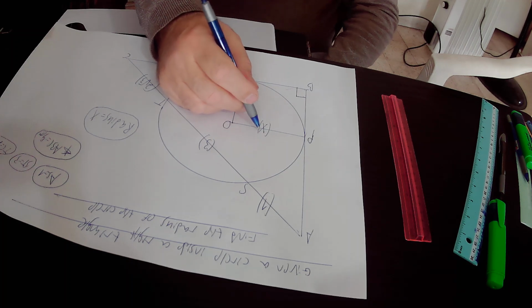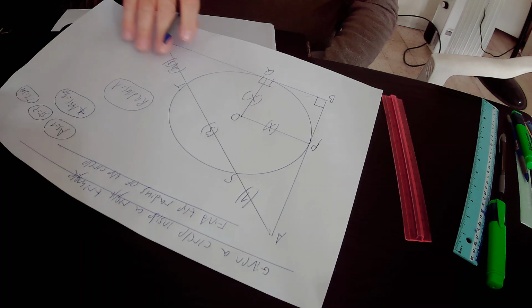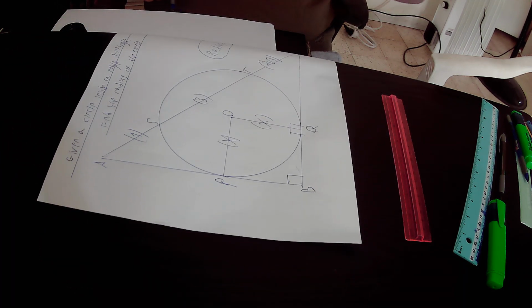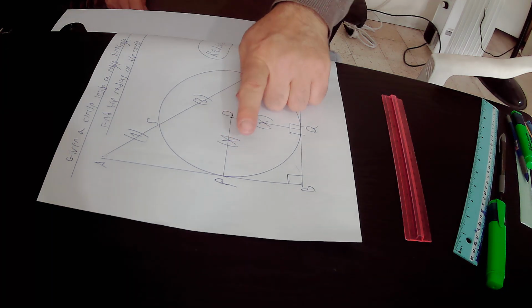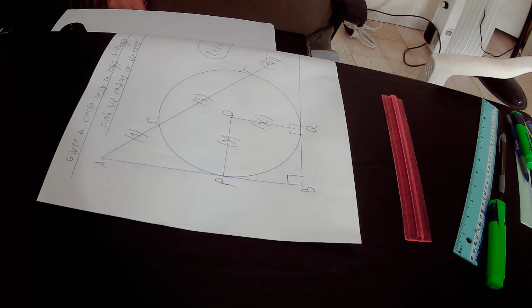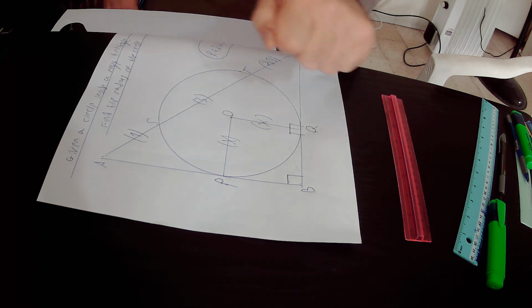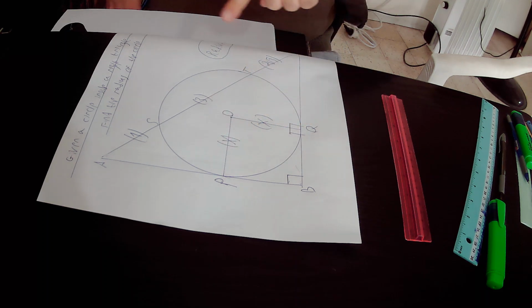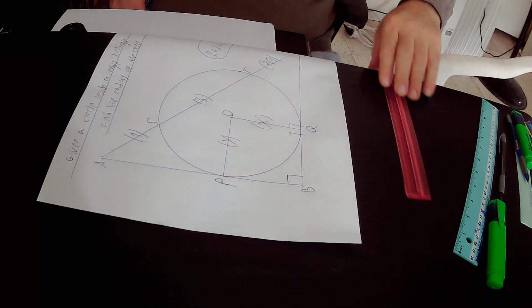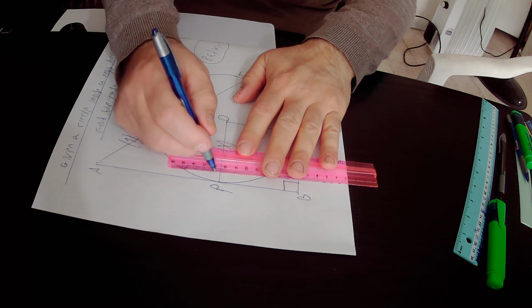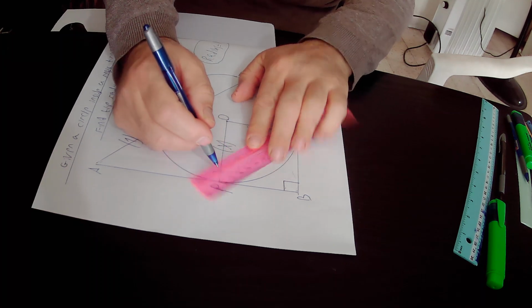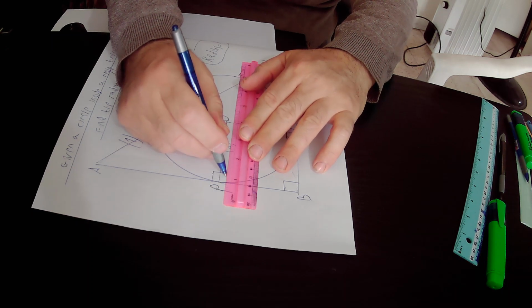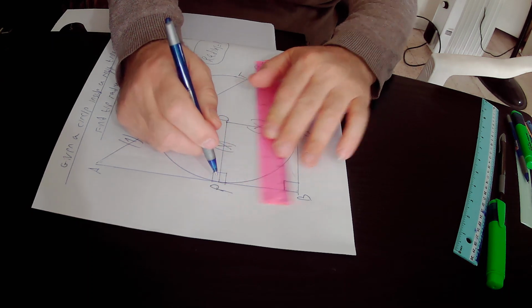You can implement here again rule 1. Why? Because we have the radius OP that is drawn to point P, that is the point of tangency of tangent AB with this circle. And whenever you have a radius that is drawn to the point of tangency, then tangent AB will be perpendicular to the radius PO. If AB is perpendicular to PO, it means that this angle equals 90 degrees, and this angle also equals 90 degrees according to the same rule, rule 1.